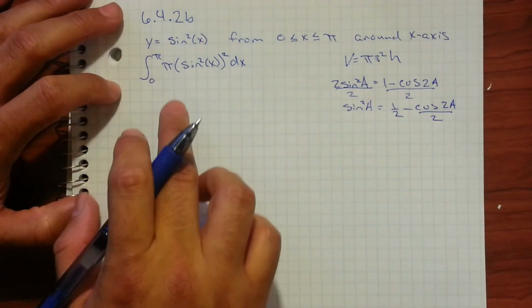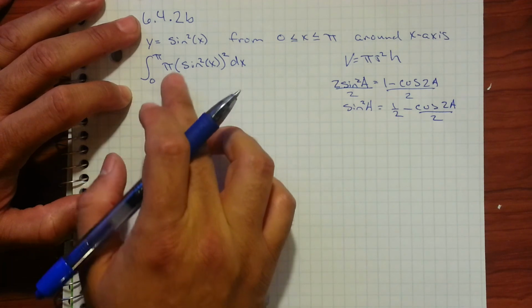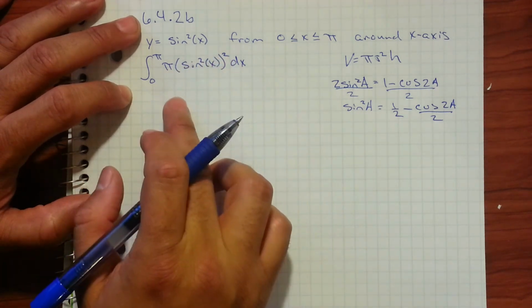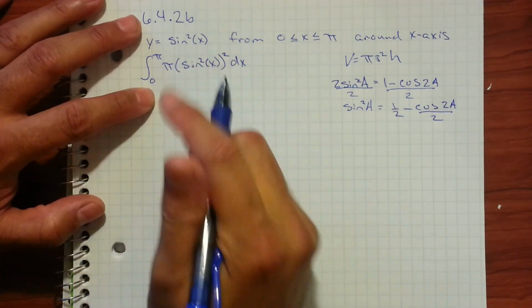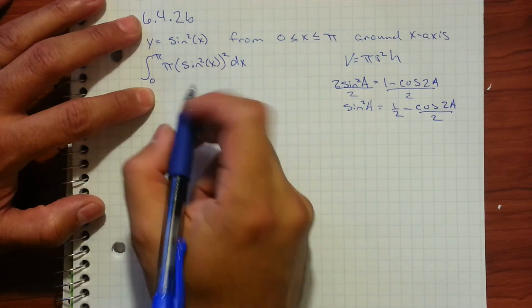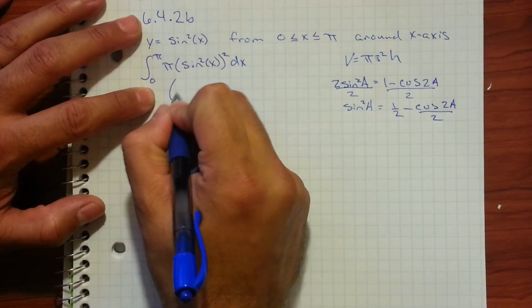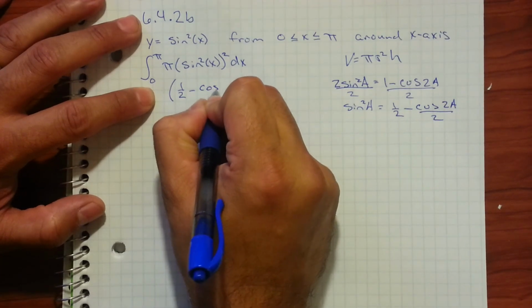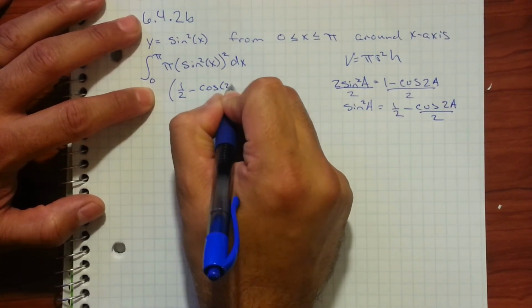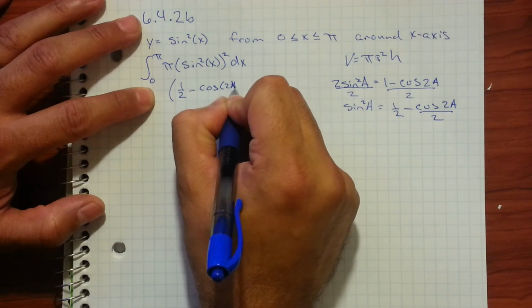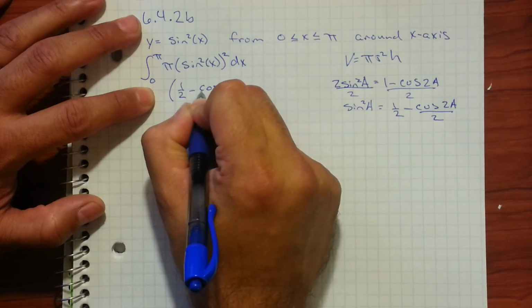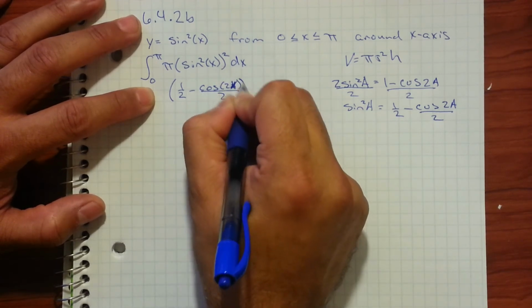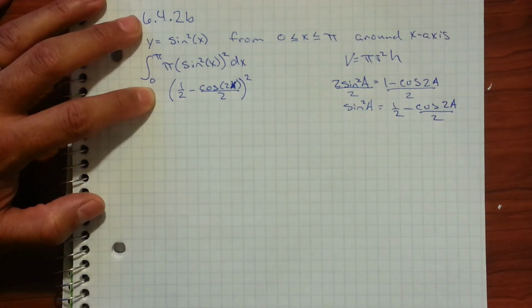So I'm going to bring it back over here, but I'm not ready to work on that yet. I need to just take care of the sine squared squared. So I'm going to replace the sine squared on the inside with 1/2 minus cosine of 2x, dang it, I made that same mistake, over 2, and I have to square that.